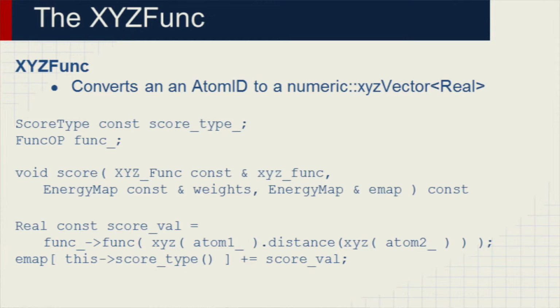We can compute the distance between the two, and this distance is the metric that we then pass to the Func object, which will convert that distance into a score term, and this is the score value. And then we add that score value as an unweighted value to the energy map for the particular score type for this distance constraint. Question or? No? Okay.